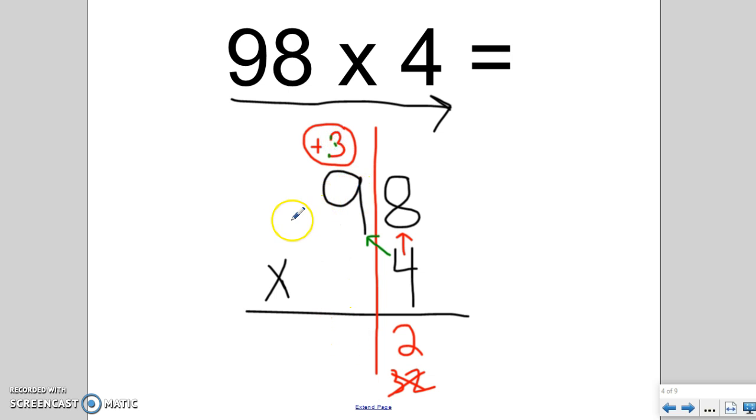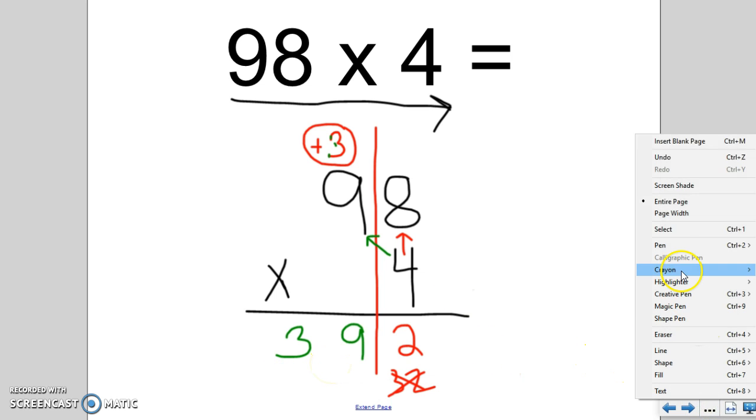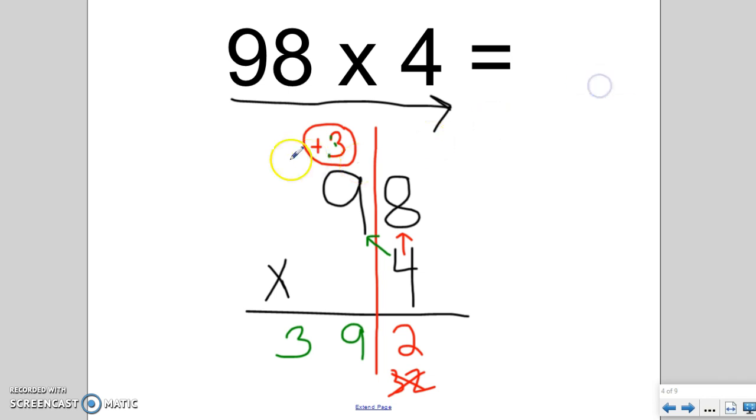Because this is the end of my problem, I don't have another digit, so I can put both numbers down here. I can put the 3 and the 9. And in case you don't believe me that I can do that, I'm going to prove it to you. I'm going to fill in a 0 into this hundreds place since I don't have any hundreds here.